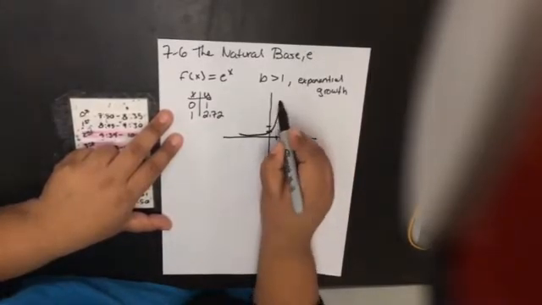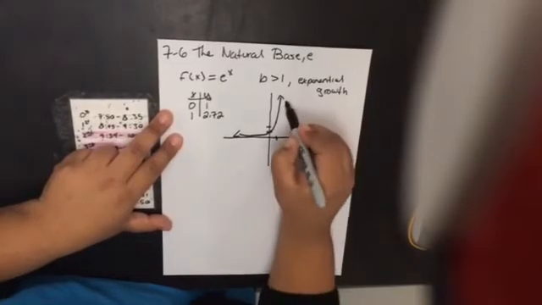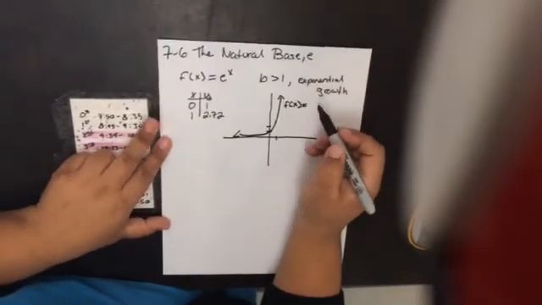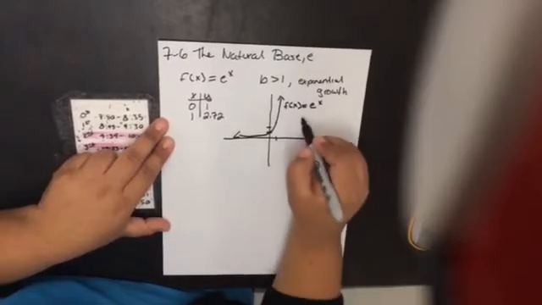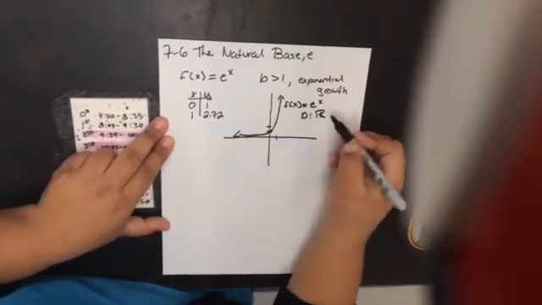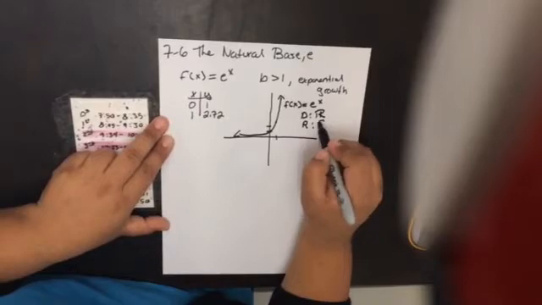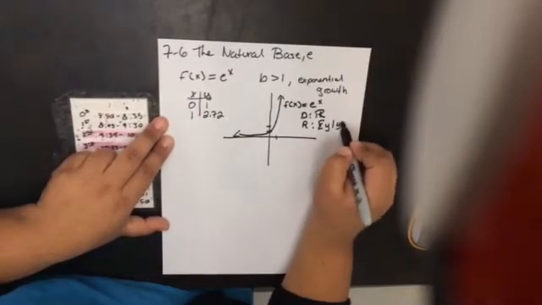So it looks something like this. The domain is all real numbers, and the range is all y's such that y is greater than 0.